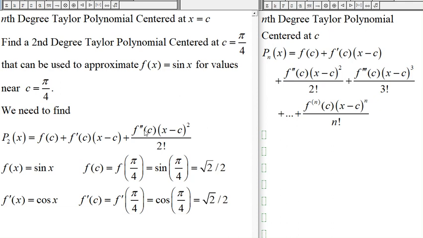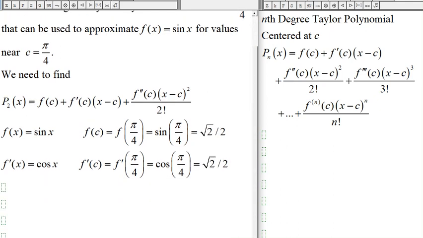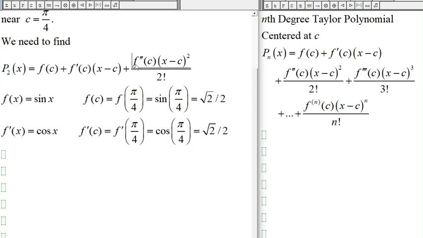Next, we need the second derivative at c. And so we need to calculate the second derivative and then evaluate it at c. And the derivative of cosine of x is negative sine of x. And now we need to evaluate the second derivative function here at c.